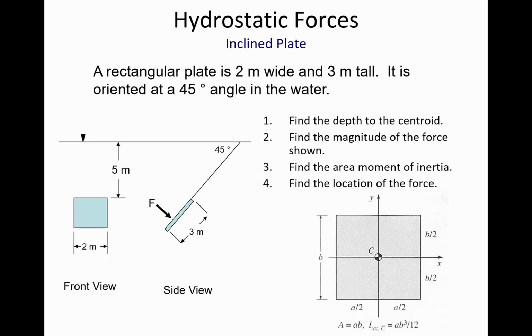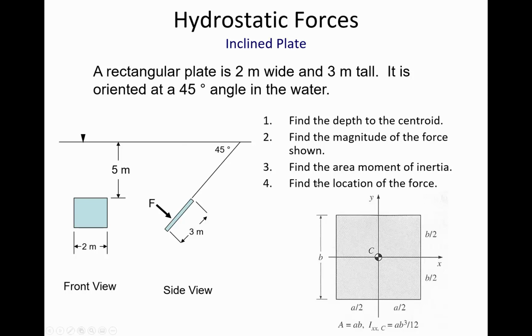All right, so I'm going to stop talking, give you a moment to go through the calculations, and confirm with your own calculator what KC has just found, that the depth of the centroid is 6.06 meters. Step 2, find the magnitude of the force. So magnitude is pressure at the centroid multiplied by the area, with pressure given by the unit weight of the water times the depth.